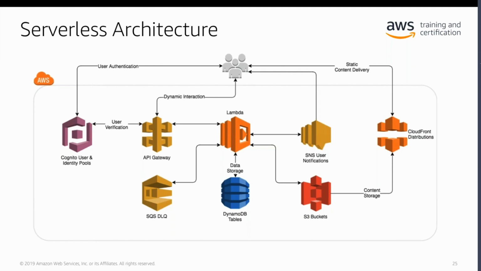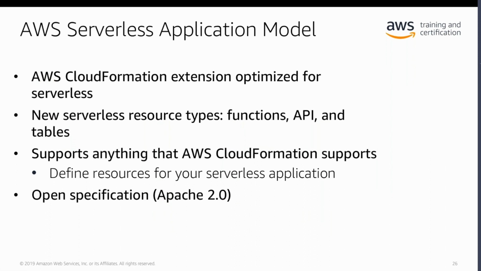How can I go about rolling all that out into production? We have what's called the Serverless Application Model, which helps us with CloudFormation extensions to roll out serverless resource types like APIs and functions and tables and so on. And it supports essentially anything that CloudFormation itself supports.